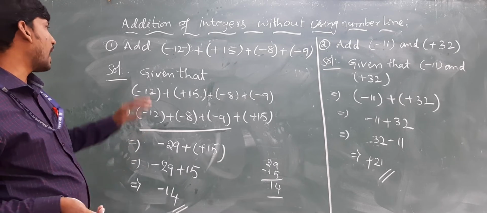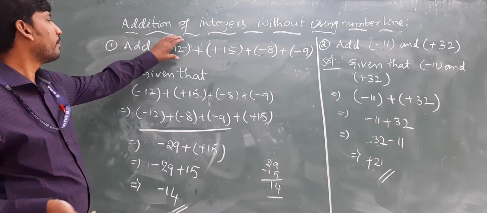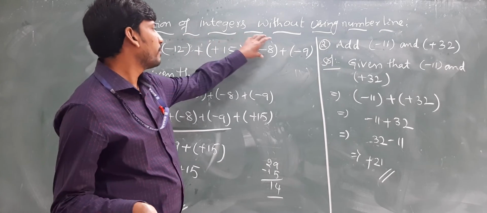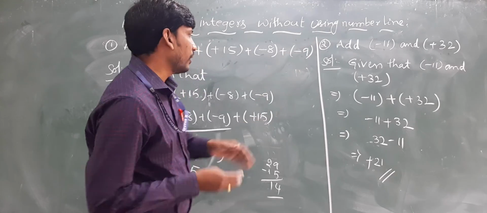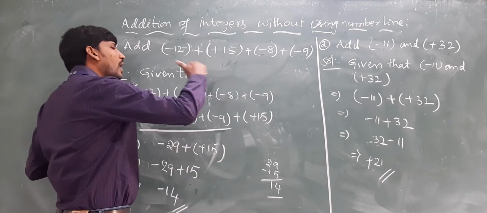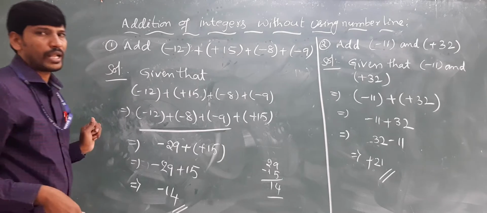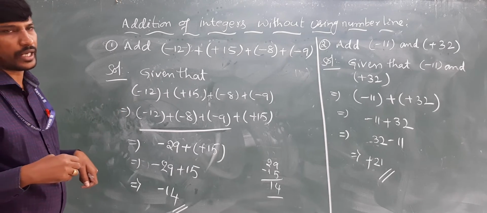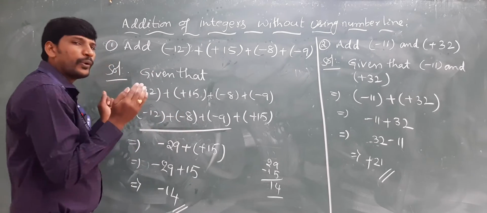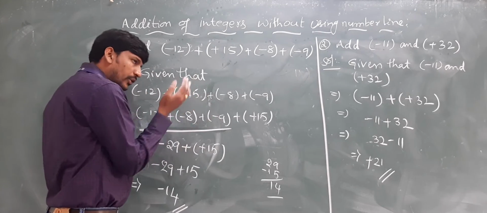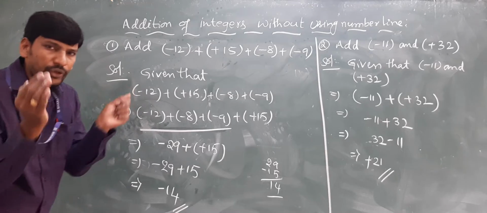I hope you understood that. Add minus 12 plus 15 minus 8 minus 9. Clear everyone? Whenever you have two or more integers with different signs, first of all you have to regroup the same integers as one group. These three are negative integers, we are making them one group.